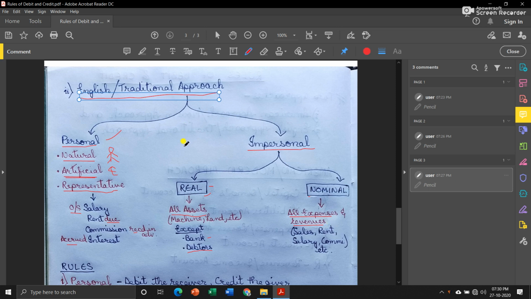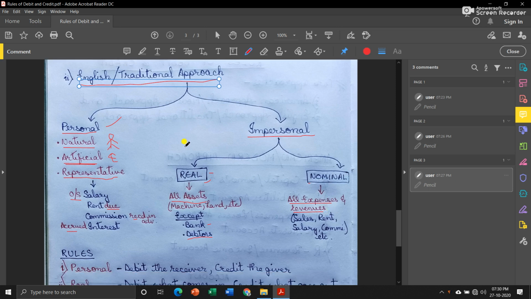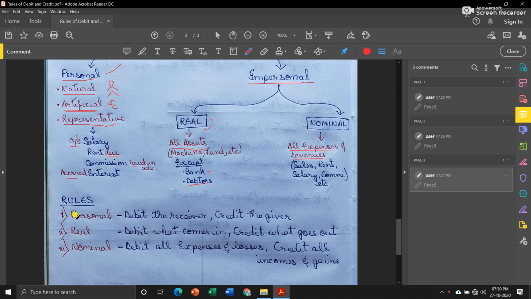Now under the traditional approach also there are some rules. For personal account the rule is debit the receiver and credit the giver. On the debit side we will write the receiver's name, and on the credit side we will note down the giver's account. Then for real account the rule is debit what comes in, meaning if you have purchased any asset, it is coming inside your business, at that time you will debit that account.